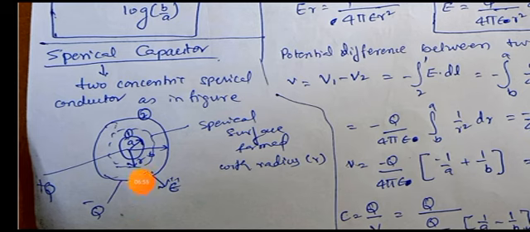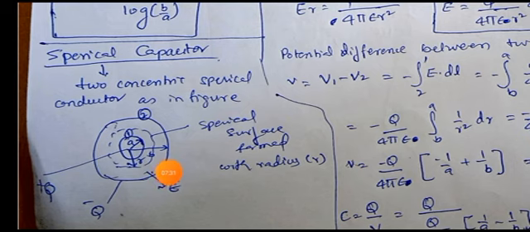So coming to the spherical capacitor. A spherical capacitor consists of two concentric spherical conductors, as in here. The inner sphere has radius a, and the outer sphere has radius b. The inner sphere and outer sphere are separated by a dielectric medium whose dielectric constant is epsilon.